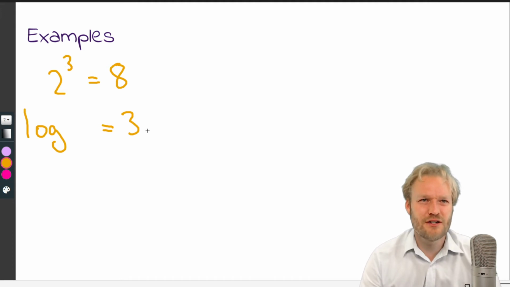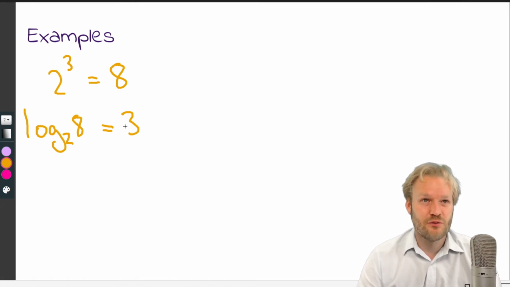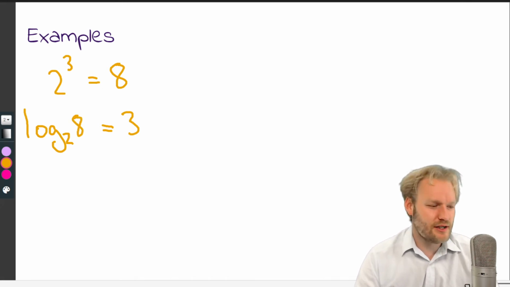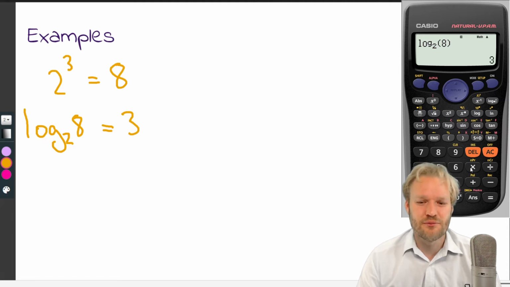So our exponent is now the subject of the formula. And the base was 2 here, and the base stays the same. So if we take the log base 2 of 8, we'll get 3. Let's pop our calculator up and confirm that seems to work. So the log base 2 of 8 gives us 3.